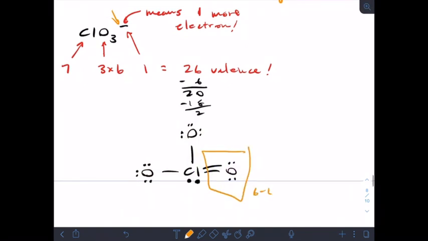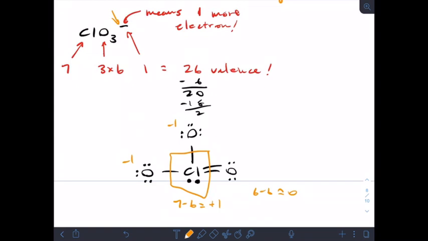This one is 6 - 6, so these are still -1s. And if I look at the formal charge on my chlorine, now it's 7 - 6, so it's only a +1. Right? So I'm getting closer.